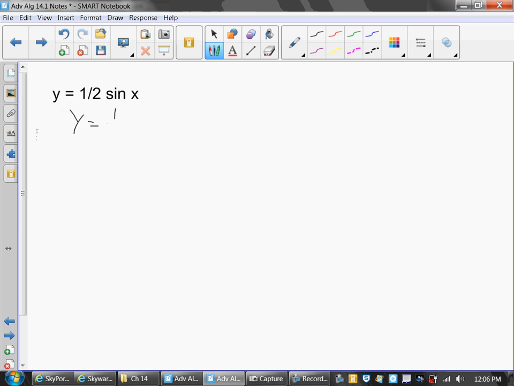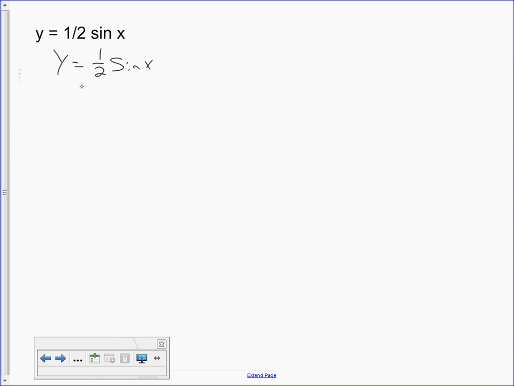Y equals 1/2 sine of x. Once again, the very first thing I'm going to do is list out what my A is, what my B is, what my amplitude is, and what my period is.